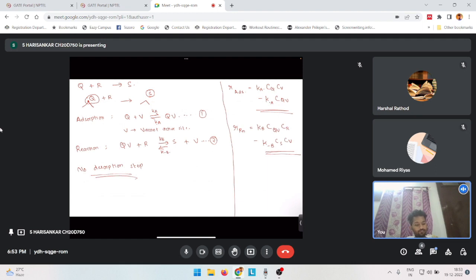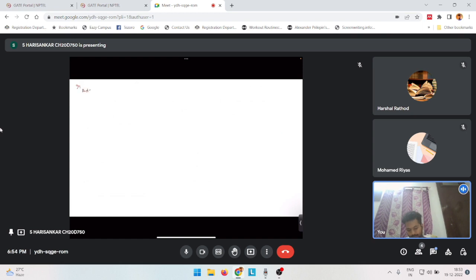So if we write the reaction rates in terms of partial pressure, the rate of adsorption is Ka PQ CV minus K minus A CQV, and the rate of reaction is Kb PR CQV minus K minus B PS CV. Let us take these as equation 1 and equation 2.